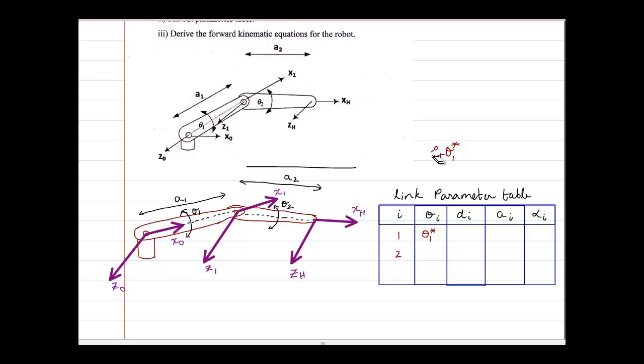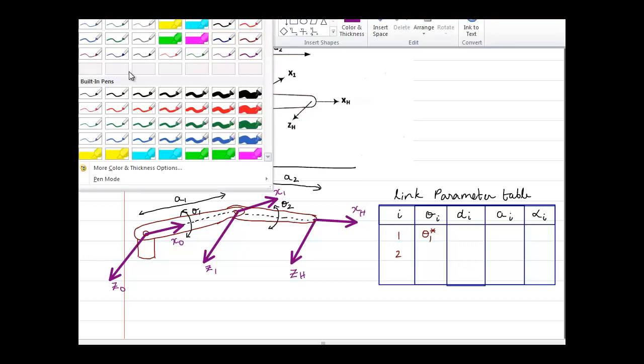What I will have to guess is that x0 is actually in the direction of the common normal as the one in the front, so x1 in the same direction. That's why in our case I have drawn it in this direction. Now based on this, if I am going to write the second value, so let me take the pen.